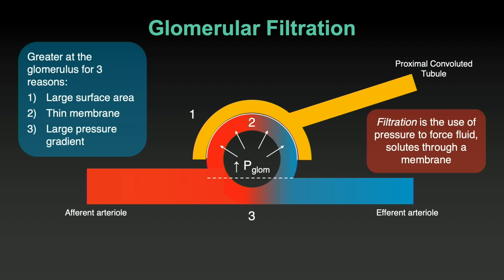So pressure is increased due to the structural differences in the arterioles. We have a large surface area, a thin membrane, and a high pressure gradient. You might think these elements are familiar, and they are the exact three things that we talked about that made the lungs the ideal site for gas exchange into the blood. High surface area, thin membrane, and a pressure gradient.